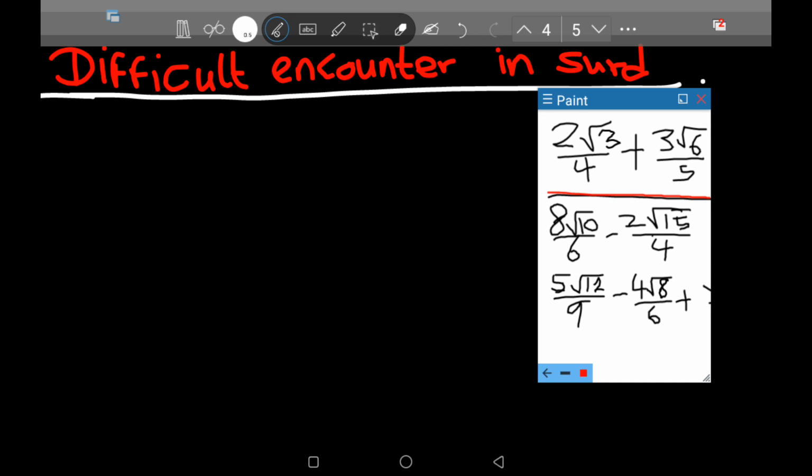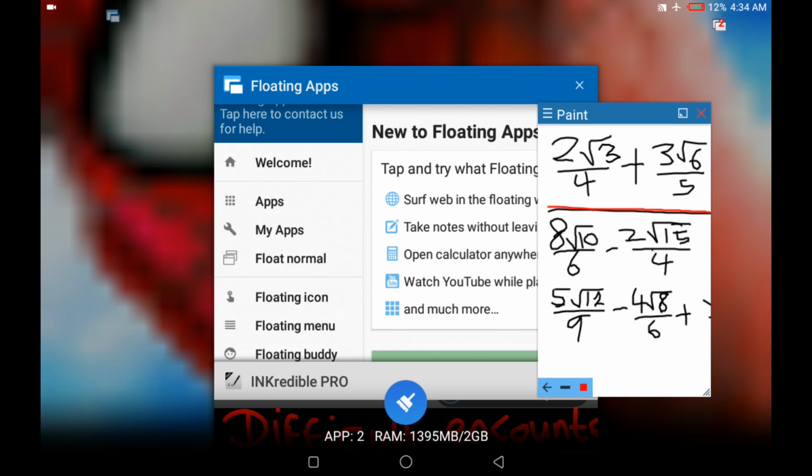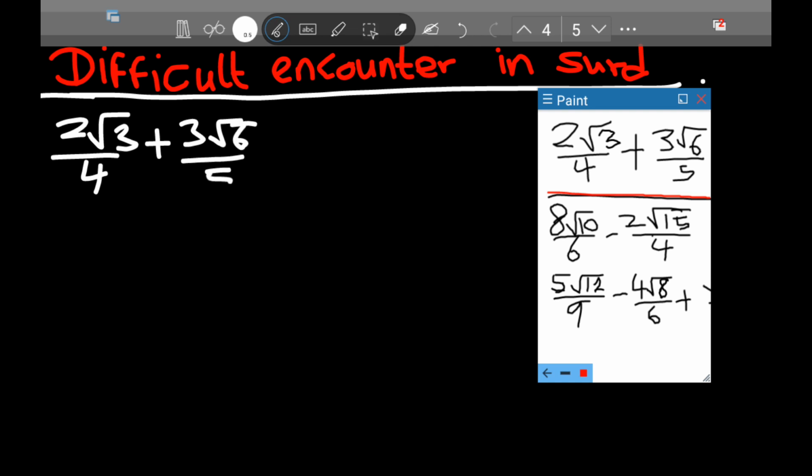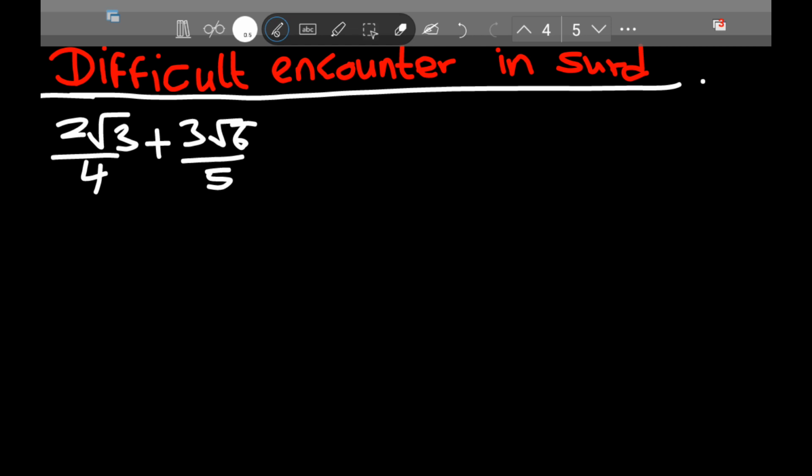So this is 2 root 3 over 4 plus 3 root 6 over 5. So let's try this problem now. 2 root 3 over 4 plus 3 root 6 over 5.